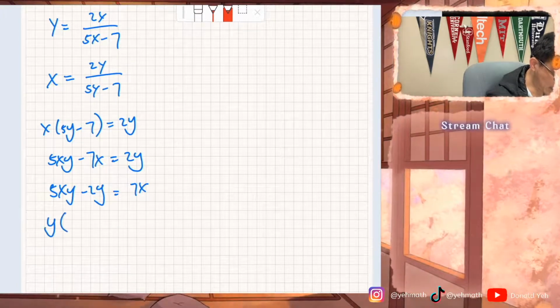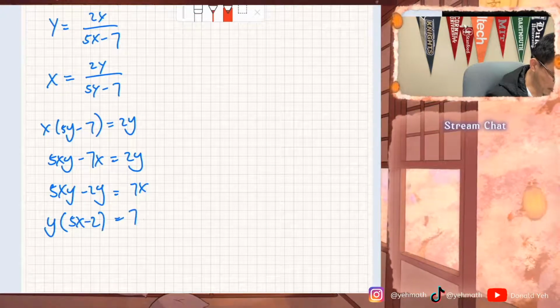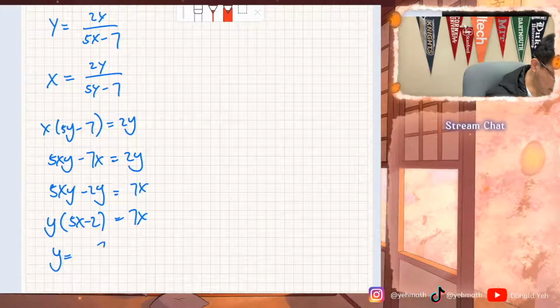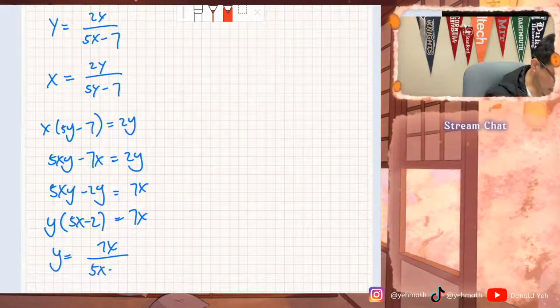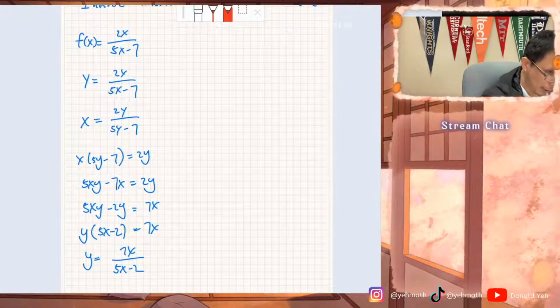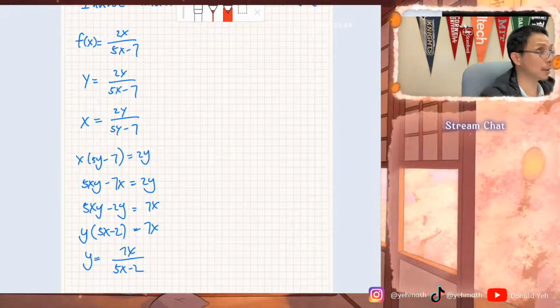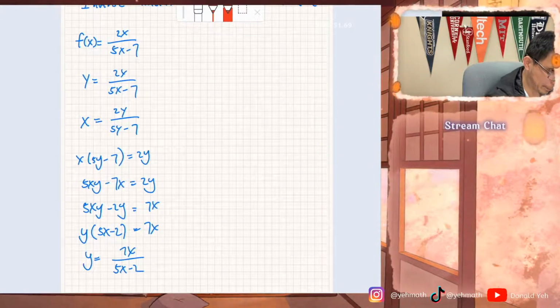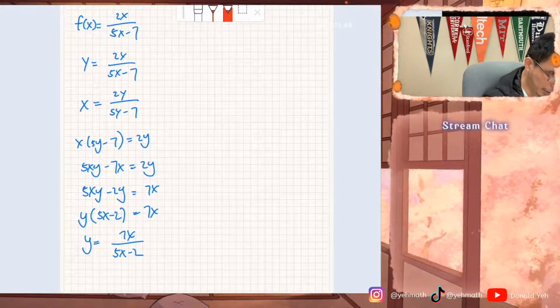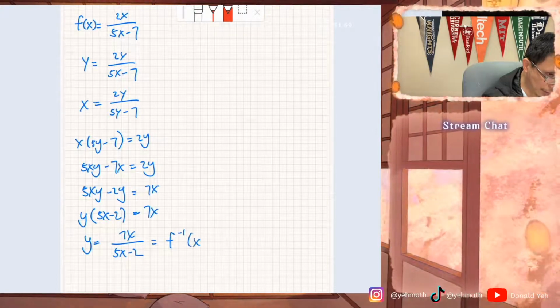Then y times 5x minus 2 equals 7x, so y equals 7x over 5x minus 2. You look at this function and think, wait, they look almost the same, but they are not. We're going to call this f inverse of x.